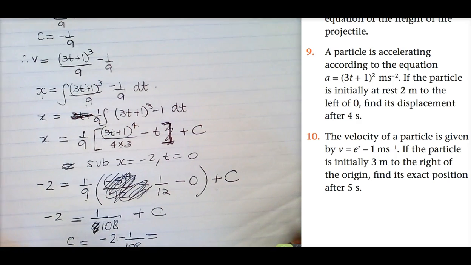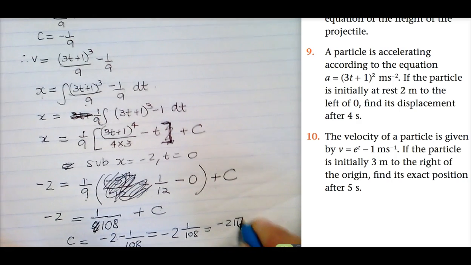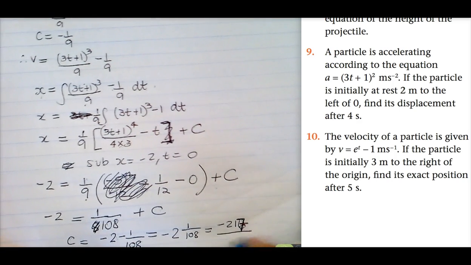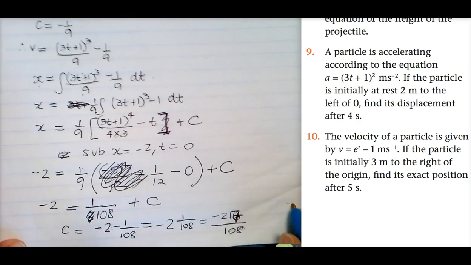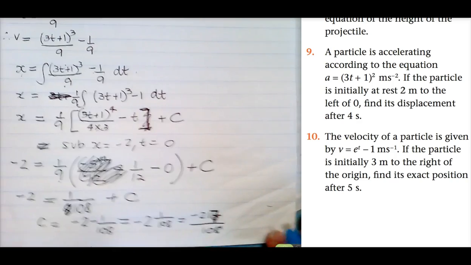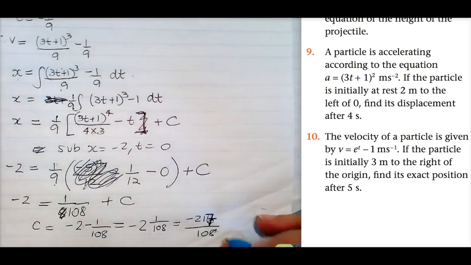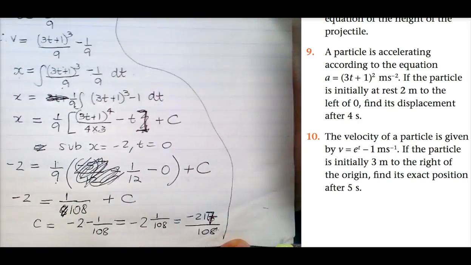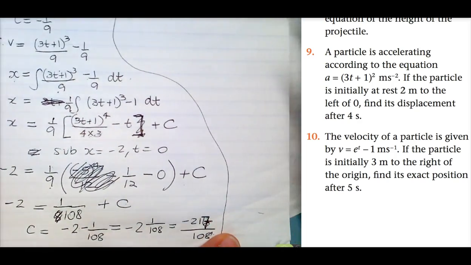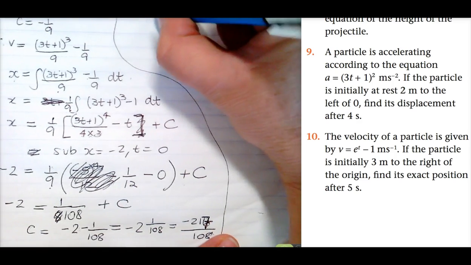So it's -2 and 1/108, which is -217 over 108. What a horrible value. Yeah, it works out to a nice number. -217 over 108. Is that nice? Oh, lovely.